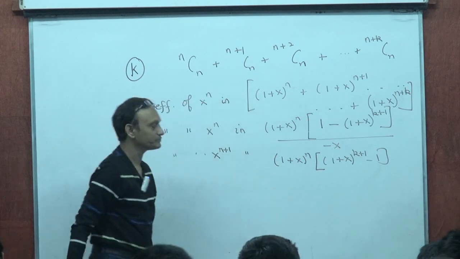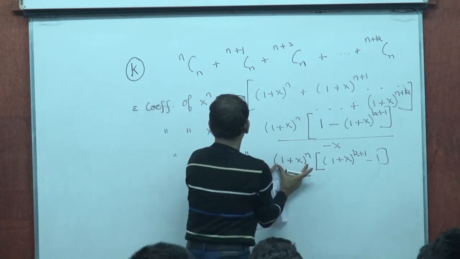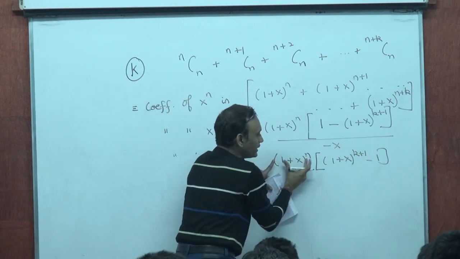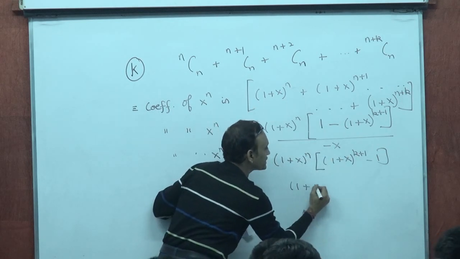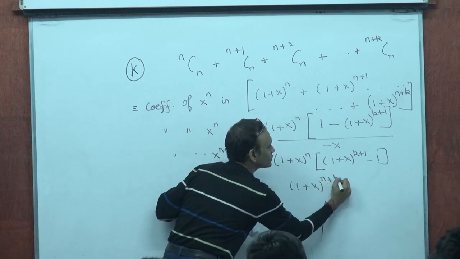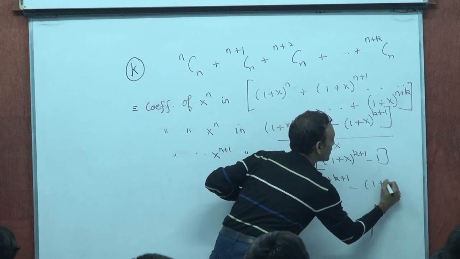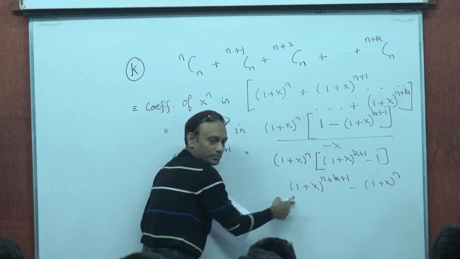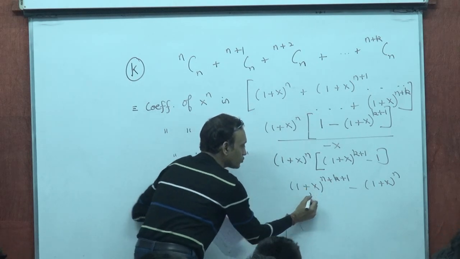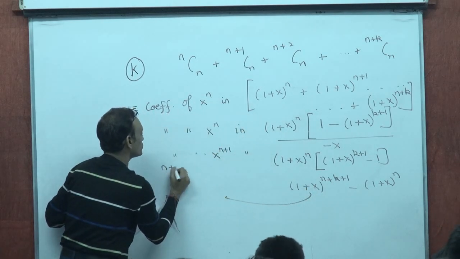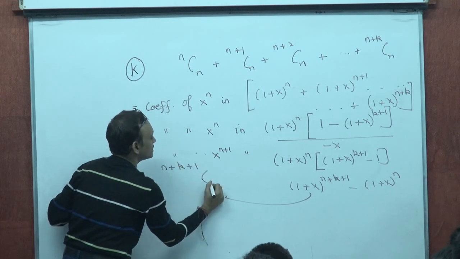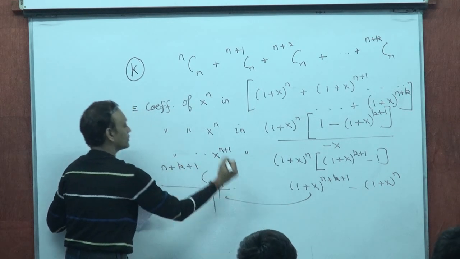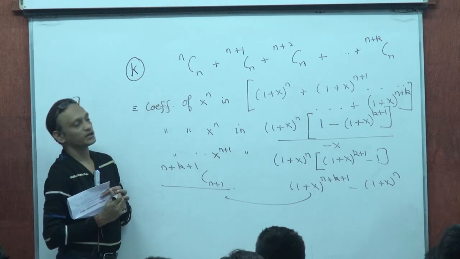Absorb the minus sign here. So this will not give n plus 1. This is 1 plus x power n plus k plus 1 minus 1 plus x power n. So the coefficient of x power n plus 1 will not appear here, will only appear here, right? And the coefficient of x power n plus 1 here is going to be n plus k plus 1 choose n plus 1, which would be the required summation.